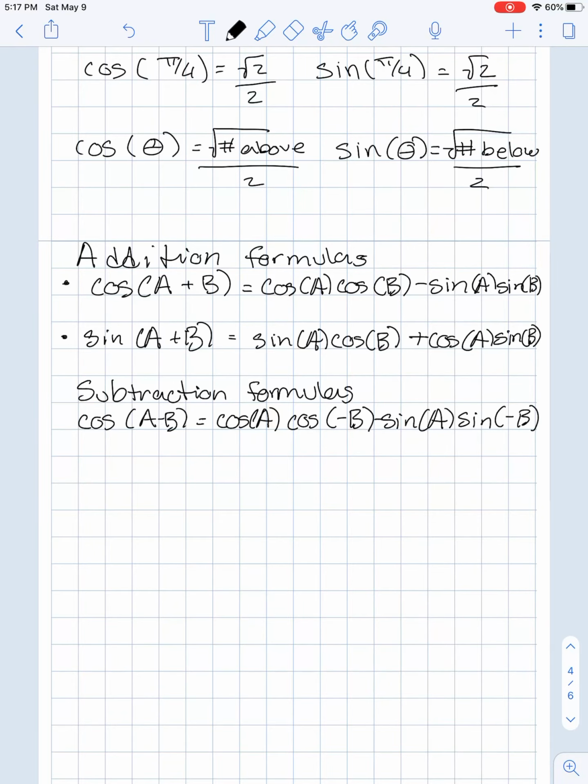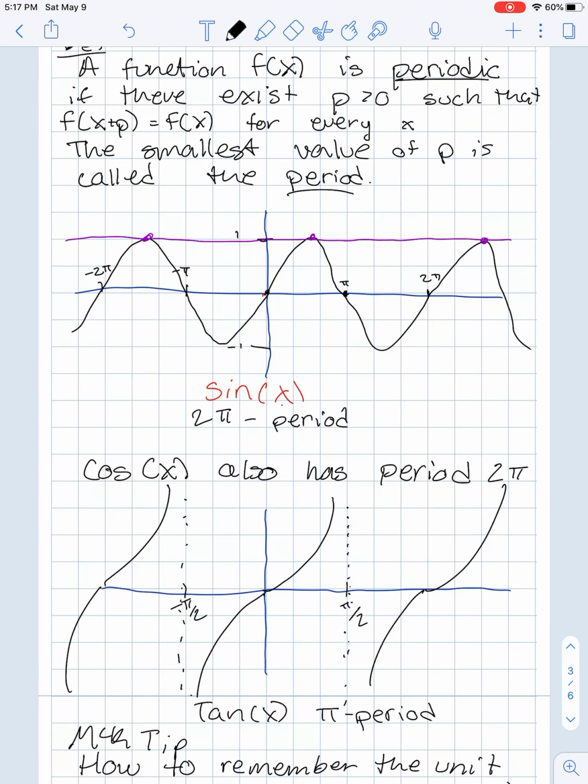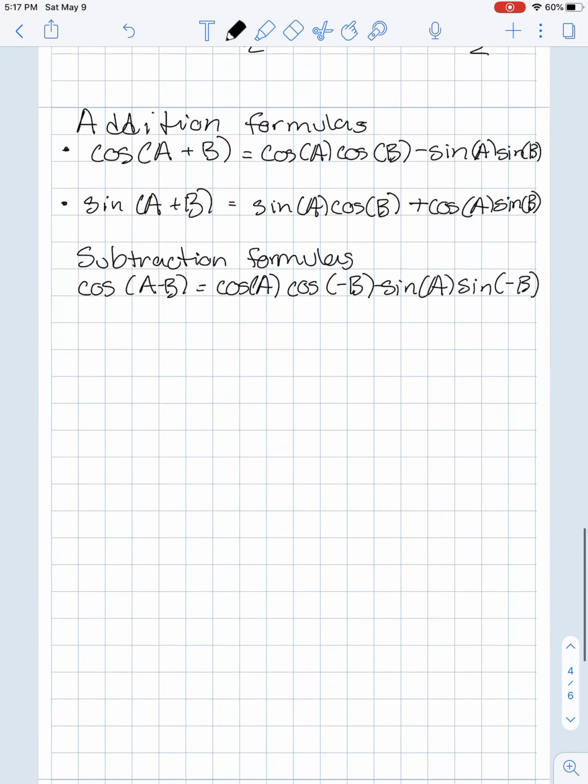Last section we talked about even and odd functions. So if we look at sine, you can see that sine is symmetric over the origin. That means that sine is odd. Hopefully you remember what that means: sine of negative x equals negative sine of x.